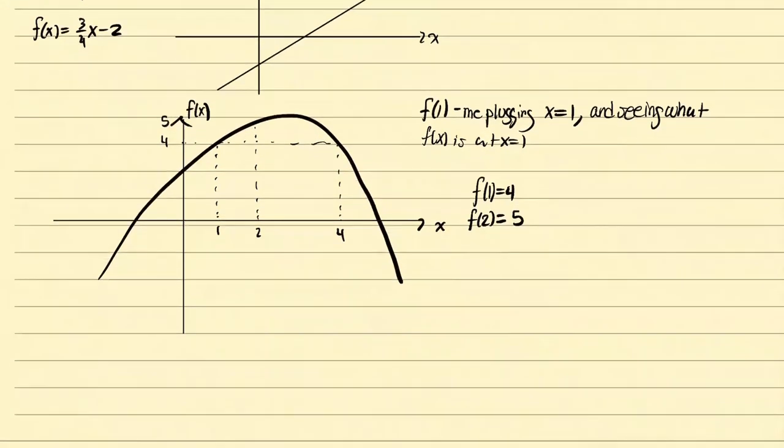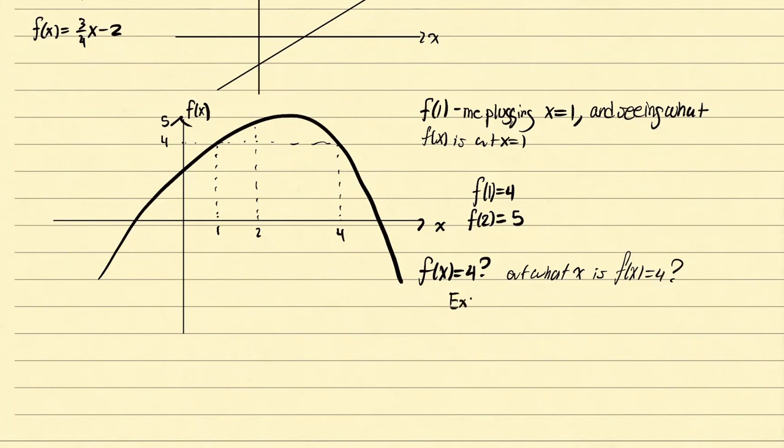Let's think about where f of x is equal to 4. So now this is a question about at what x is f of x equal to 4. And I'm going to have two solutions for that.